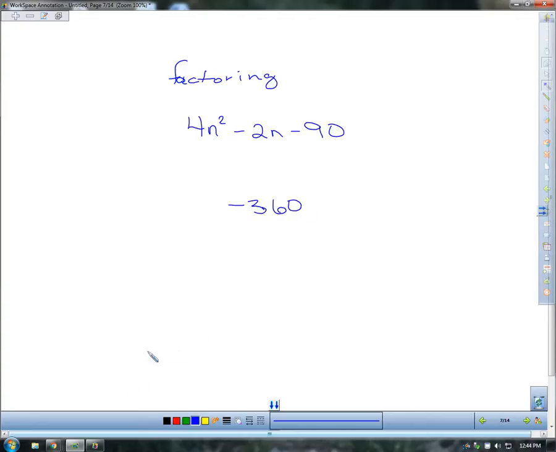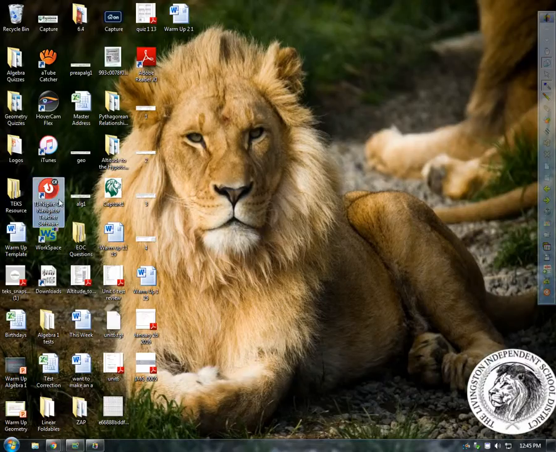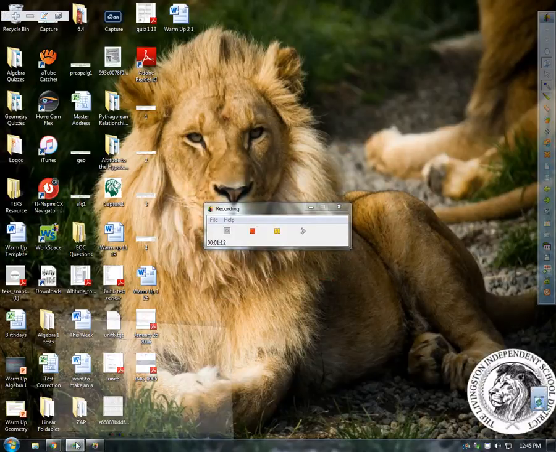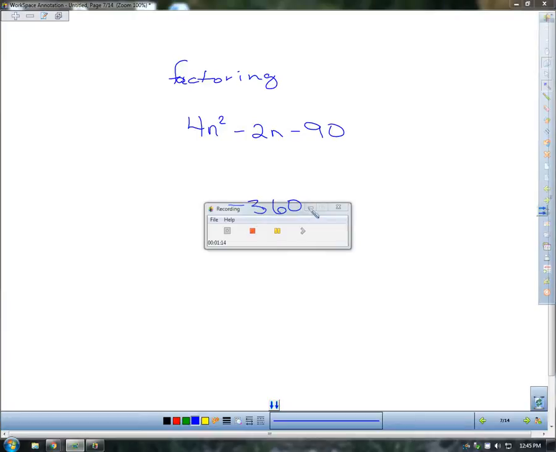Okay? Give me 2 seconds, I'm going to go ahead and start my calculator because I want to show you something. Using our little formula chart, I know that a negative product and a negative sum mean I have a positive times a negative, with my negative being the bigger number.